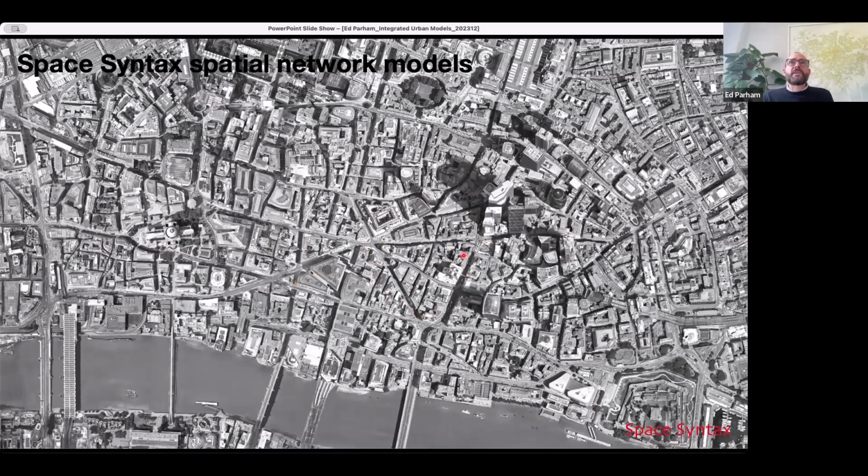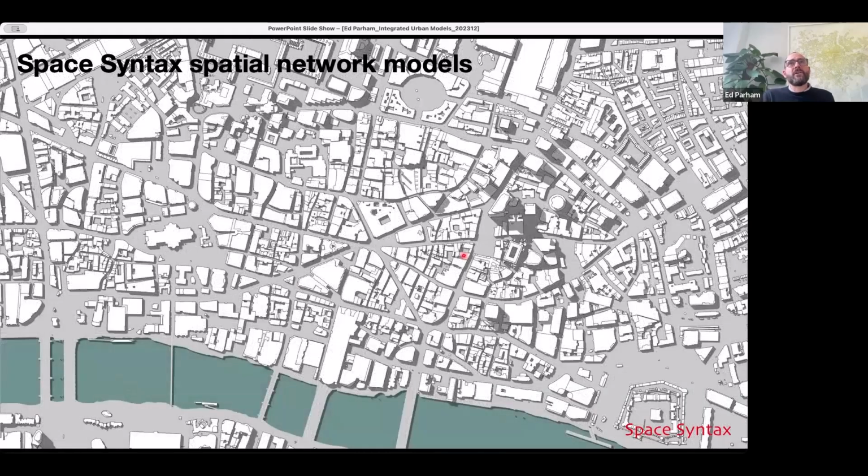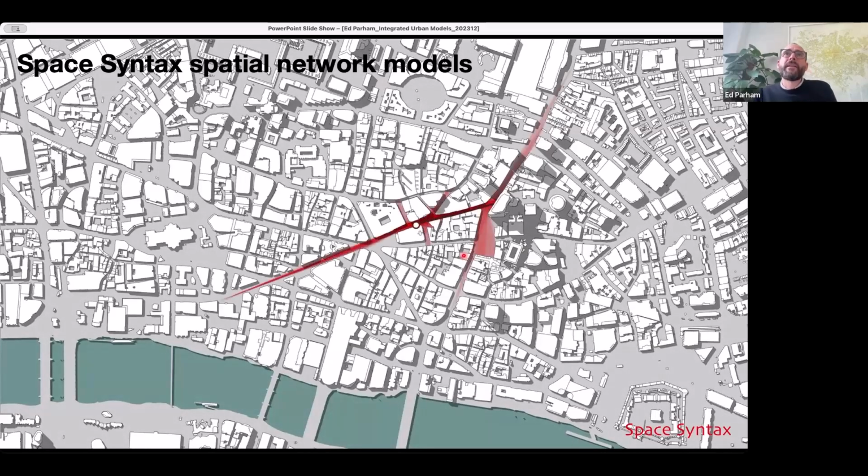The space syntax spatial network models are based on the work that Bill Hillier was doing at UCL from the 1970s onwards. They're based on the idea that as people move through a city in space, what you see changes. Depending on what you can see affects how likely you are to go into a particular space, how easy it is to get in or out of them.